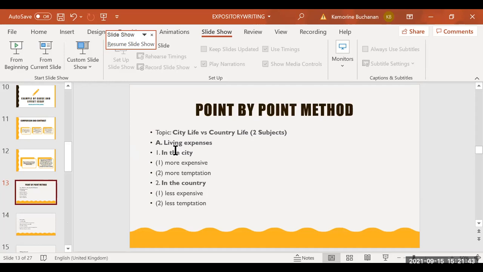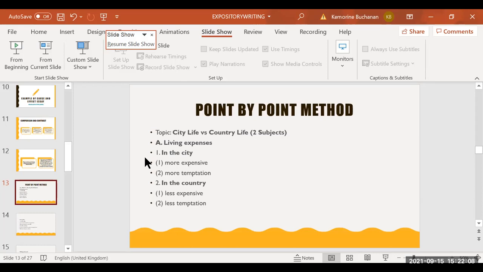So from food to clothes to partying to the attractions that may be present, there's so many opportunities to spend your money. There's so many temptations. Oh, I can buy this here. Oh, they have this here. All of these things will force or influence an individual to spend more than they would as opposed to if they were living in the country.